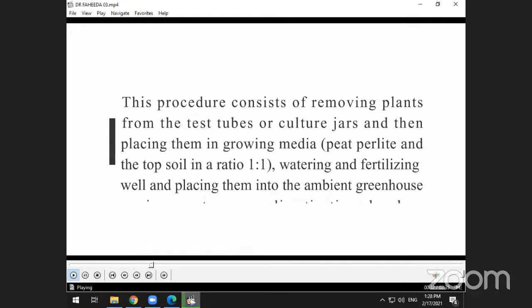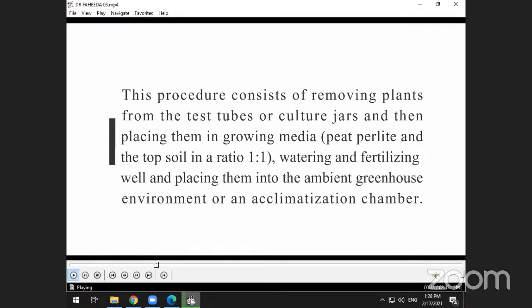This procedure consists of removing plants from the test tubes or culture jars and then placing them in growing media, that is peat, perlite and topsoil in a ratio of 1:1, watering and fertilizing well, and placing them into an ambient greenhouse environment or an acclimatization chamber.